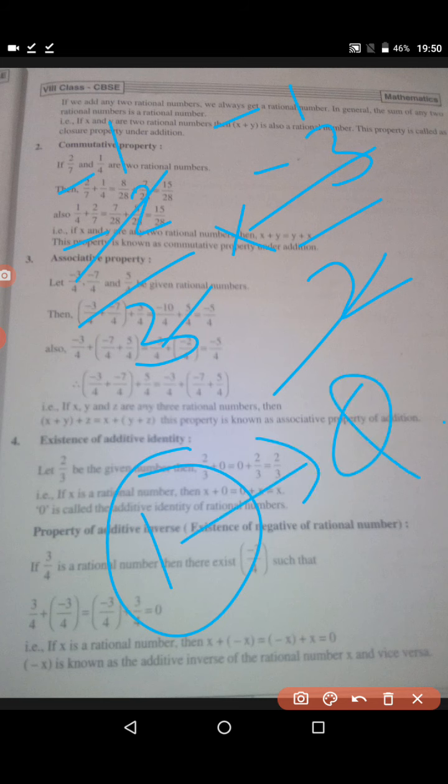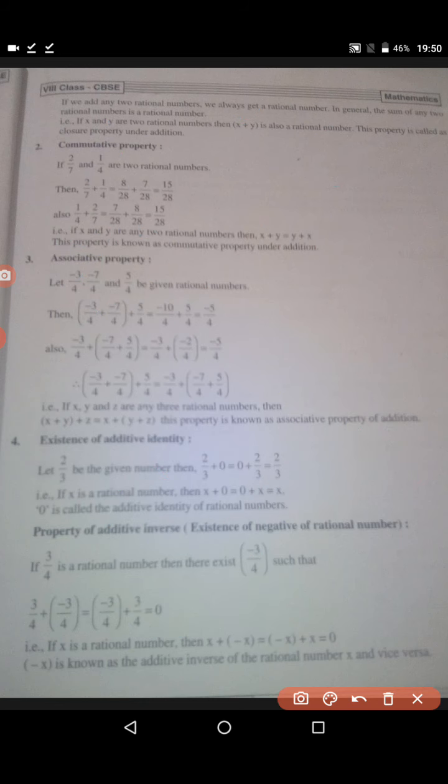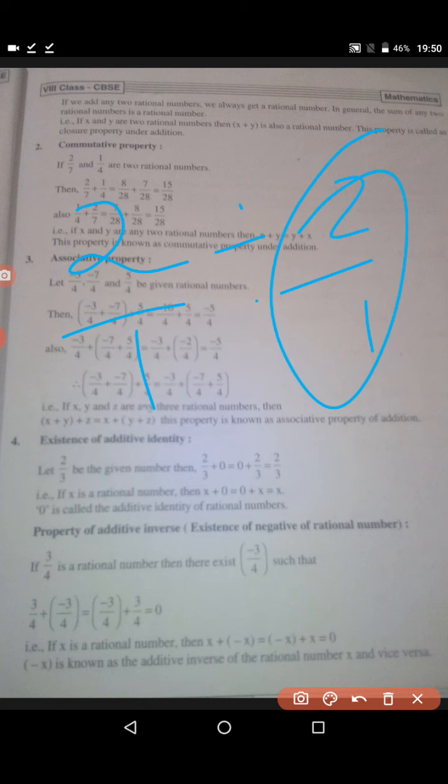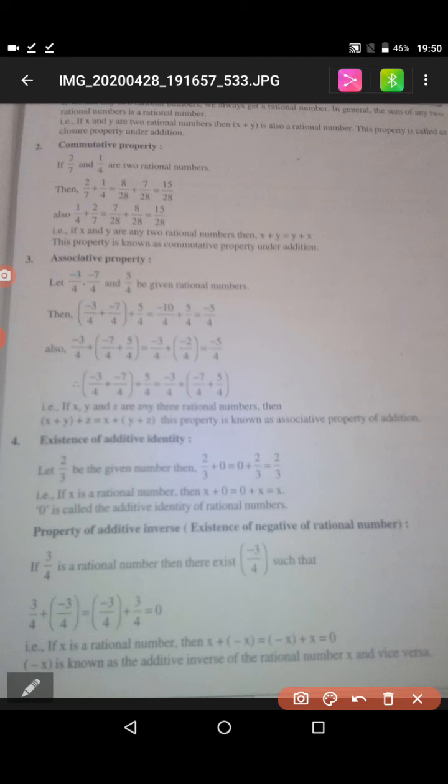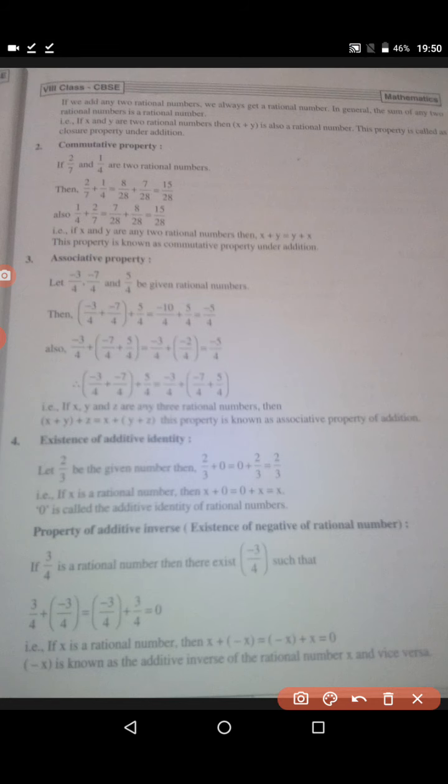Therefore it satisfies under multiplication also. Now let's check under division. 2 is also a rational number, right? 2 by 1 divided by 2 by 1. Therefore you get a rational number only, that is 2 divided by 1. So it is also a rational number. Right? It satisfies. Now I am not going to give so many examples. I am going to just tell you how you should do it.